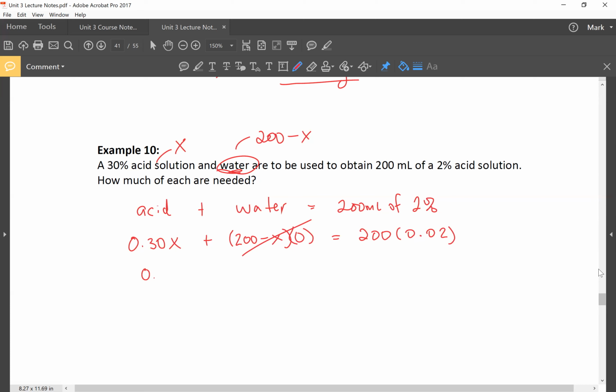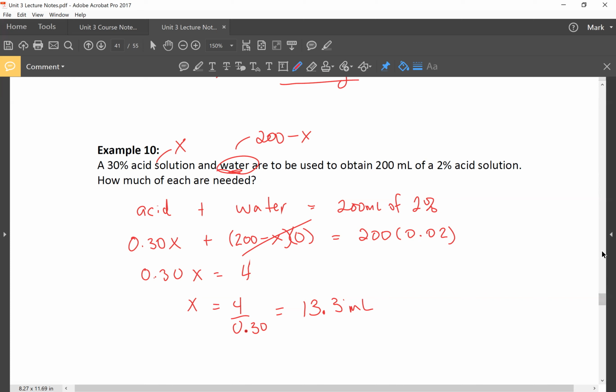So this becomes 0.30x equals 200 times 0.02. I should be able to do that in my head, but I'm just going to double check that it's 4. So x will be 4 over 0.30, which is 13.3. I wish this was a better looking number, but let's keep it like that. 13.3 milliliters, about 13.3.